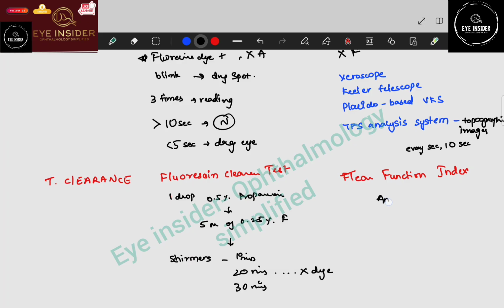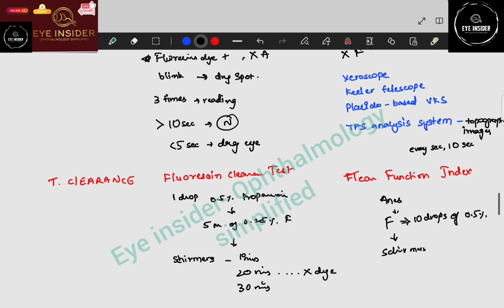Then we have the tear function index. In this also we apply the anesthetic and then fluorescein, then Schirmer's. But the difference is that the fluorescein here is 10 drops of 0.5% fluorescein, that is of higher concentration.